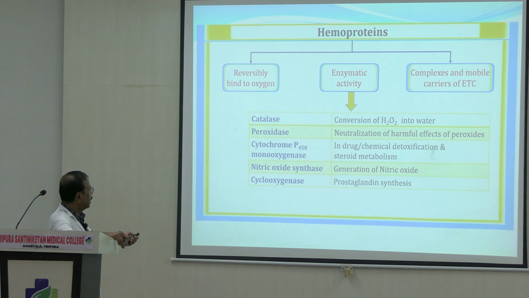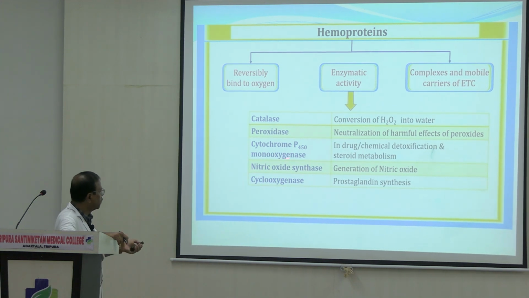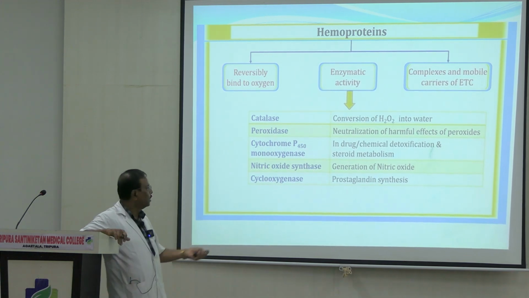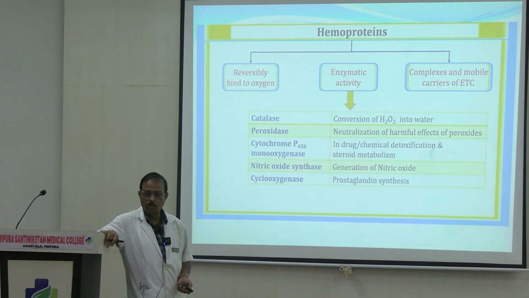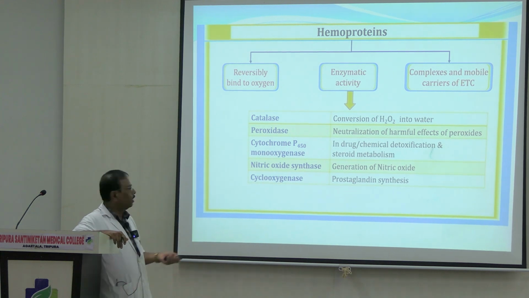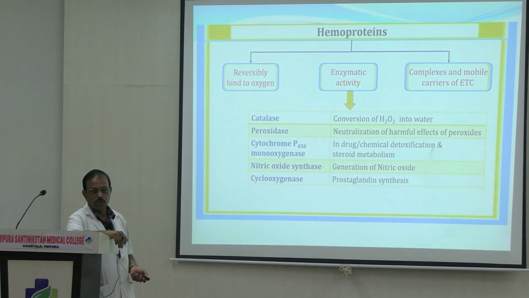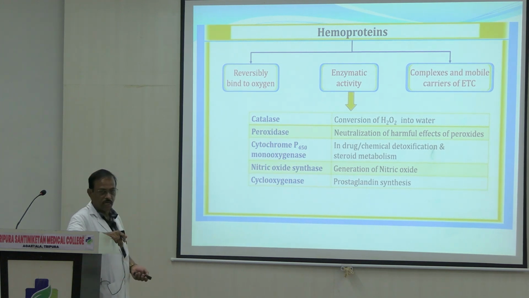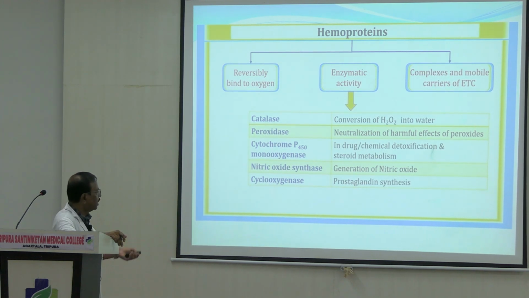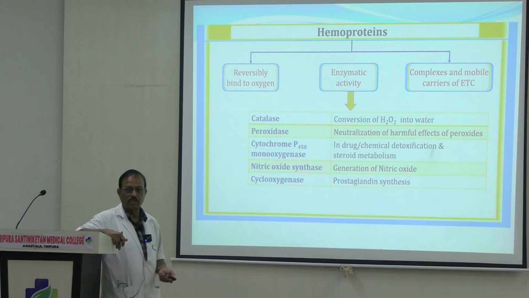Peroxidase, then cytochrome P450 monooxygenase. These are for detoxification; they detoxify the toxins in the body. Then these are responsible for steroid hormone metabolism. Then nitric oxide synthase, generation of nitric oxide; cyclooxygenase in prostaglandin synthesis.